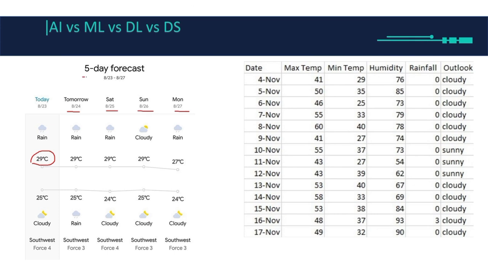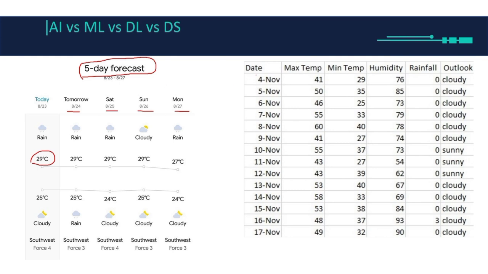How does it know that? Maybe tomorrow is going to rain, after that cloudy, and then rain, and whatever. So how does the weather widget or app work?